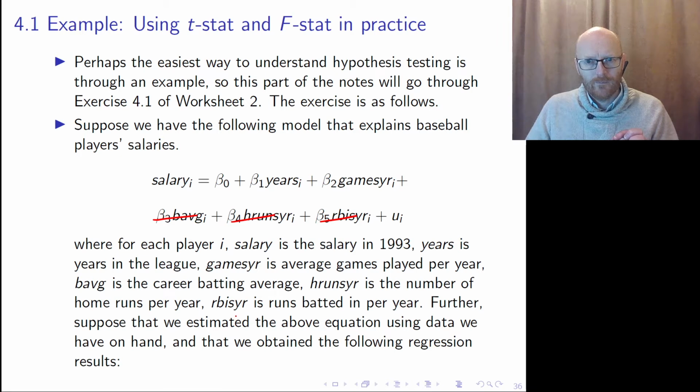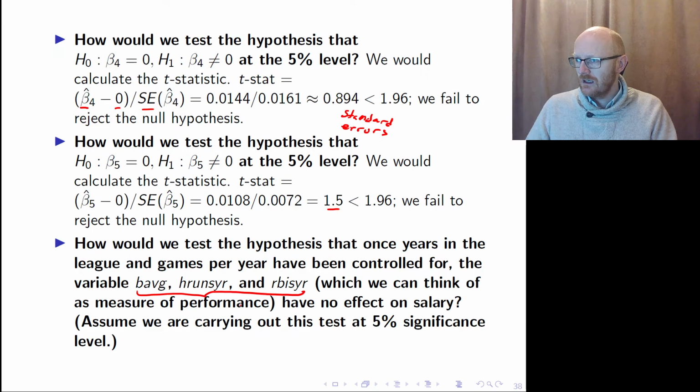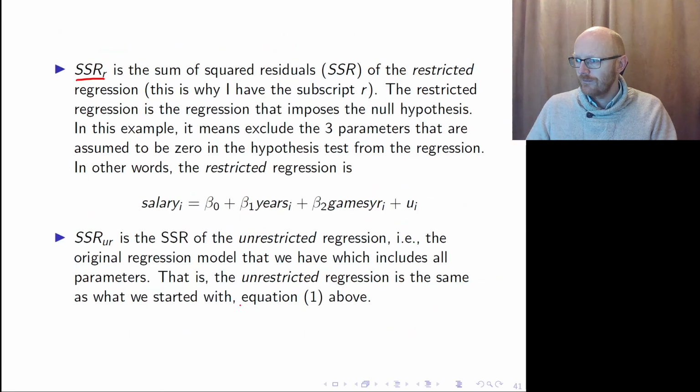Let's continue. SSR is the sum of squared residuals from the restricted regression, and the restricted regression only contains these two variables.